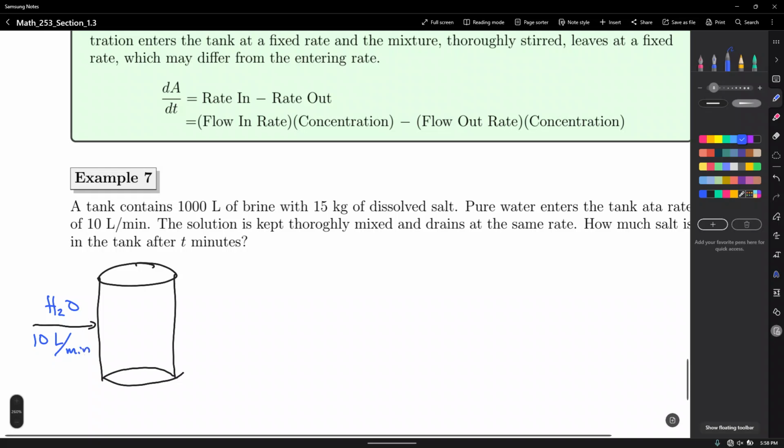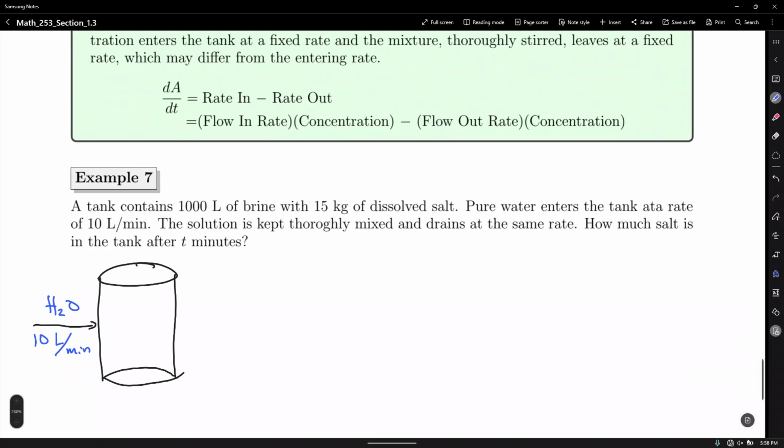Okay, so what do we have inside of the container? Inside of the container, we have everything, the 100 liters with 15 kilograms of dissolved salt. All right, so that means here inside of the tank, we have 15 kilograms of salt.